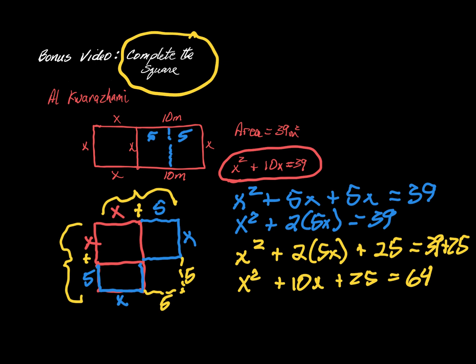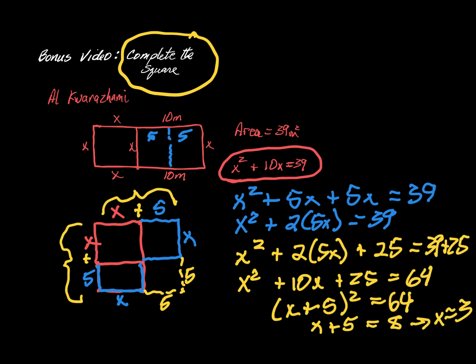They just had the symbols for algebra, so they could rewrite it as x plus 5 squared equals 64. And they knew square roots from arithmetic. So then that would give them x plus 5 is equal to 8. And then that would lead to x equals 3.